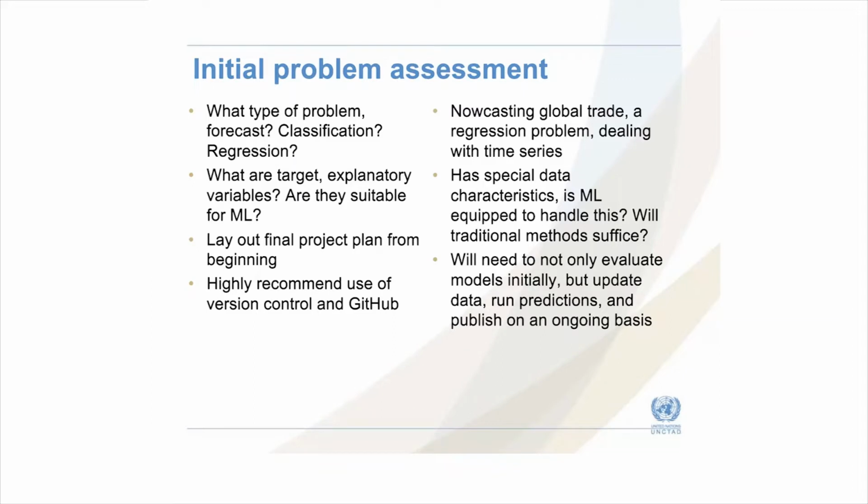Obviously, it's very rare that in the course of developing your project you have a very direct path from start to end. There's going to be a lot of twists and turns and trying different things, dead ends, etc. That's very common in machine learning projects. So if you have something like GitHub where you can create branches, where you're trying out a different model and it doesn't work out, you haven't messed up your original model.